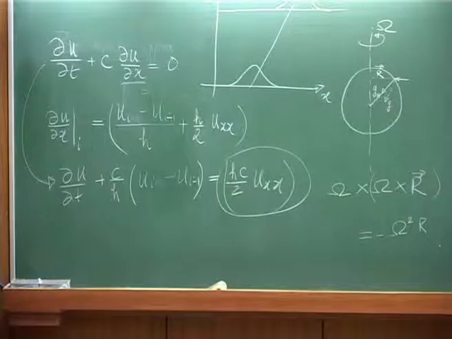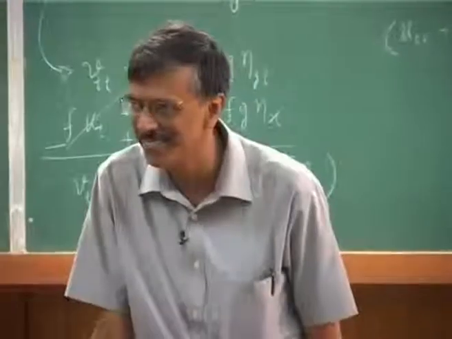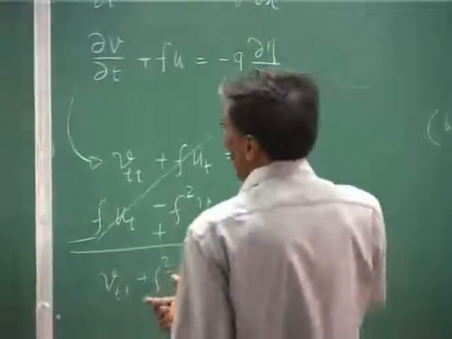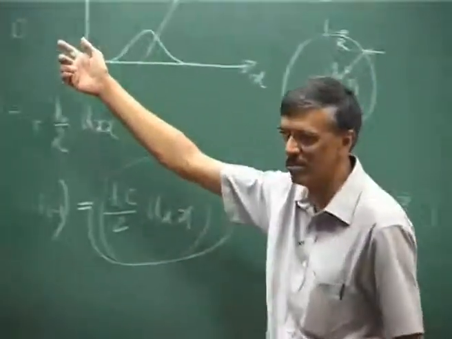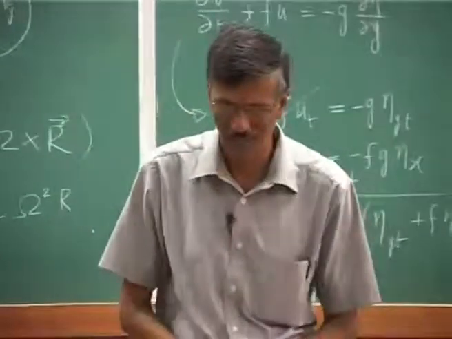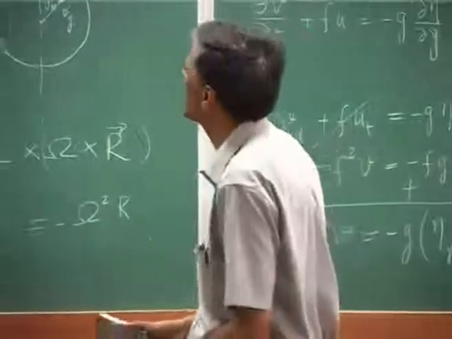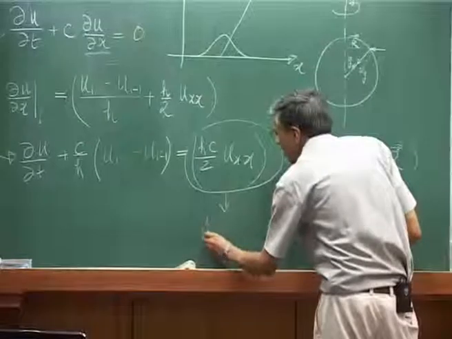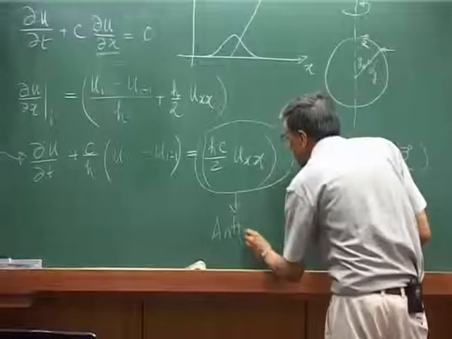What does it do physically? What will it do? Yeah, instead of attenuating, it will amplify, and you would have a disaster in your hand, right. So, you see, even for a simple equation like this, you need to know how to choose your strategy. Now, because of this minus sign, I will call it anti-diffusion.